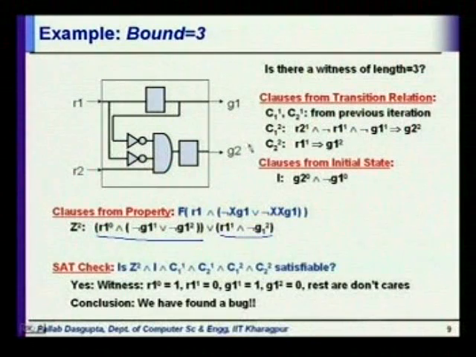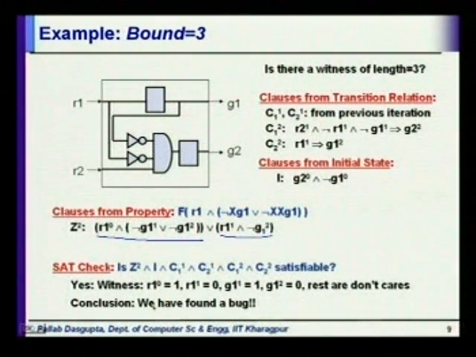Then we again ask whether Z2 and I and C11 and C12 and C21 and C22 is satisfiable, and now the answer is yes, and the witness is that R1 0 is 1, R1 1 is 0 and G1 1 is 1 and G1 2 is 0. And the rest are don't cares.